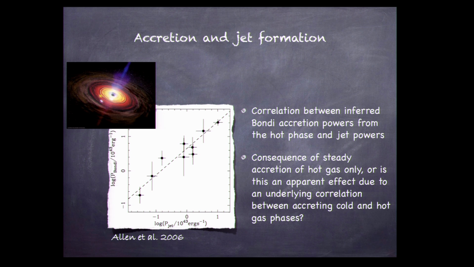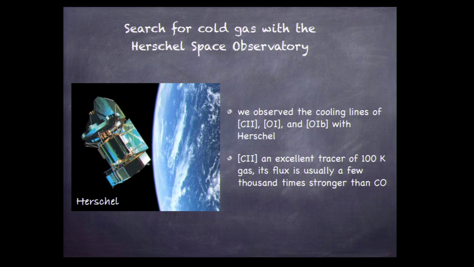This correlation indicates that most of the time it is hot gas being accreted onto the black hole. But is there perhaps also an underlying correlation between accreting cold and hot gas phases? This is a question that we would like to answer.